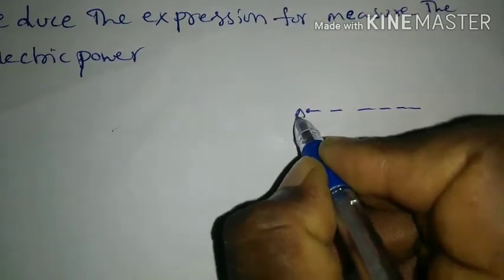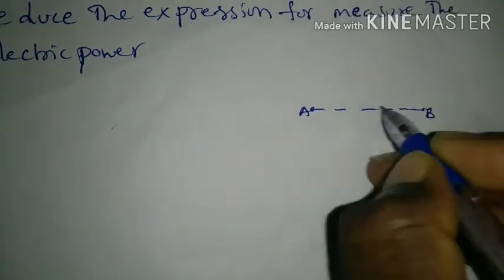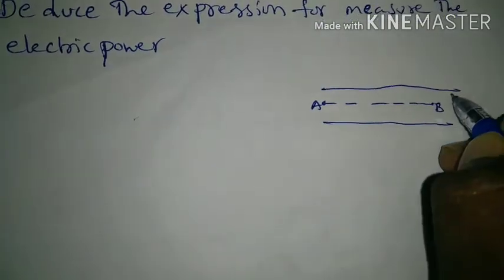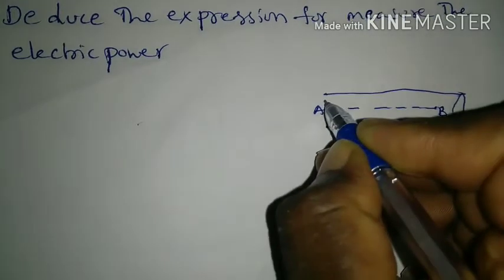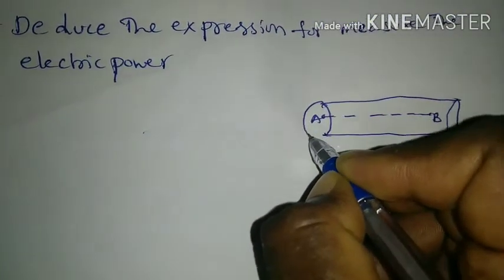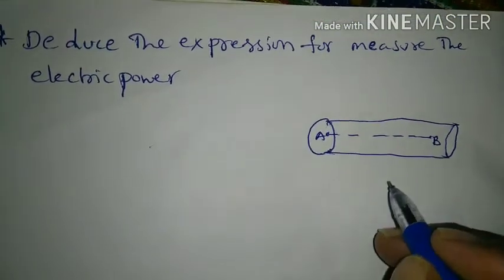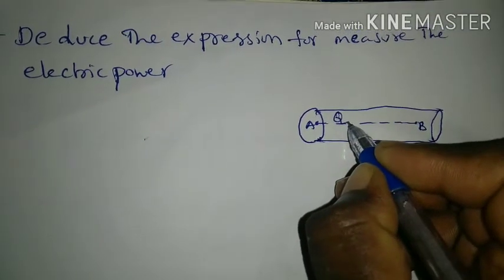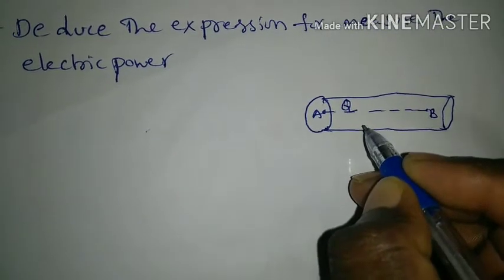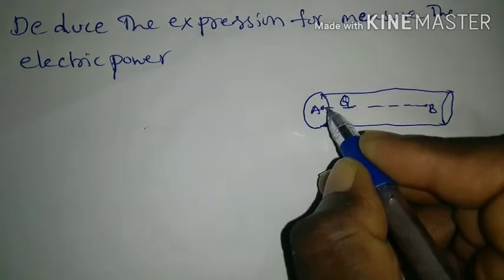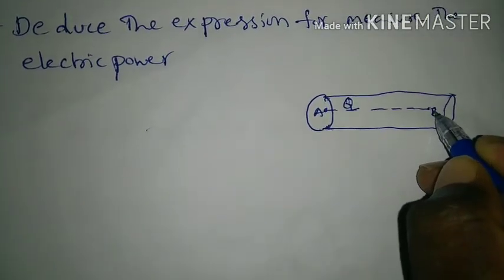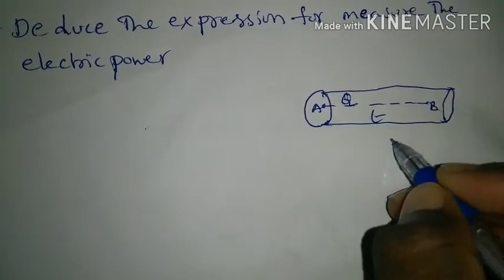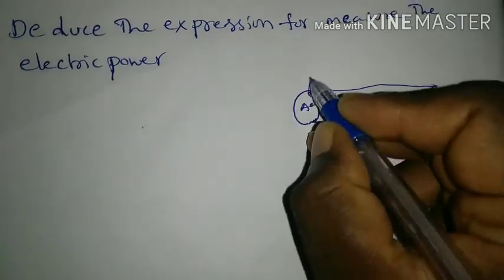Here is point A, here is point B. Consider that a charge of q coulomb passes through point A and moves to point B in the time interval t seconds, as shown in the figure.